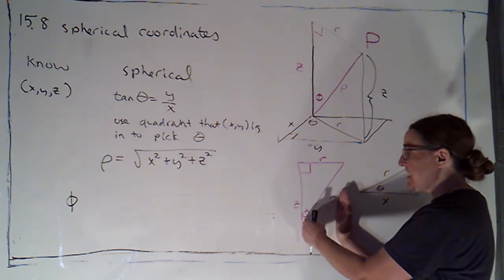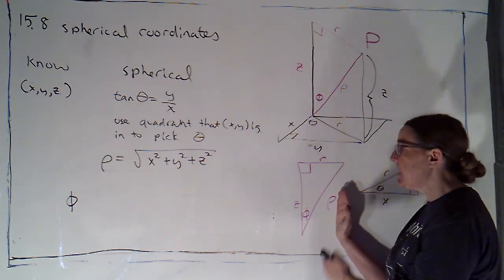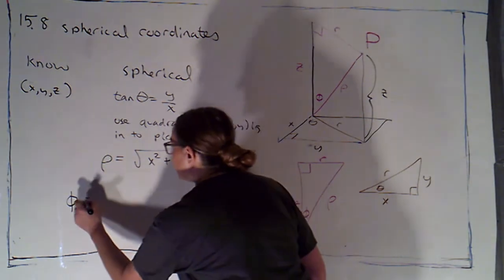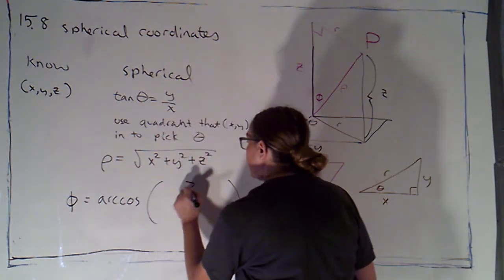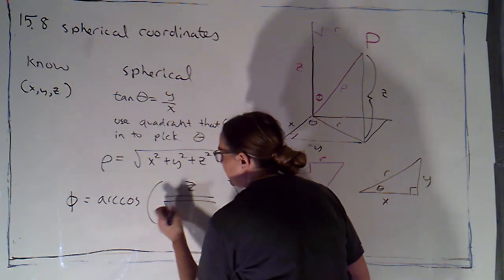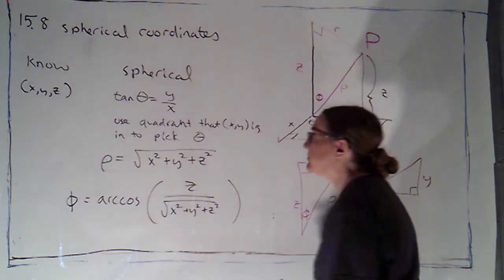And since the range of phi and the range of arc cosine is the same, we could use arc cosine. So this is just going to be arc cosine of z over rho, but rho is root x squared plus y squared plus z squared.